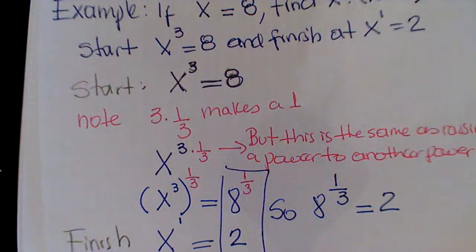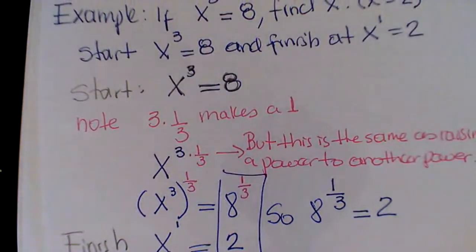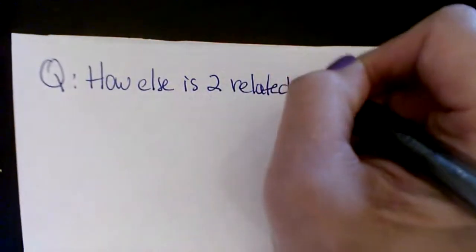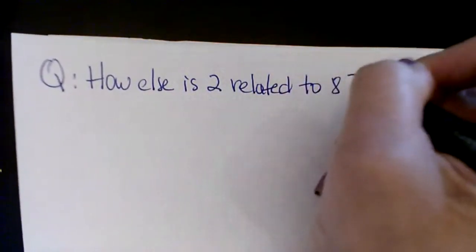So how else is 2 related to 8? Let me write it down. Here is my question. How else is 2 related to 8?